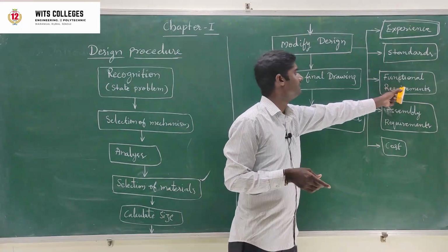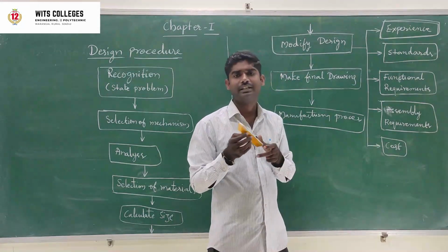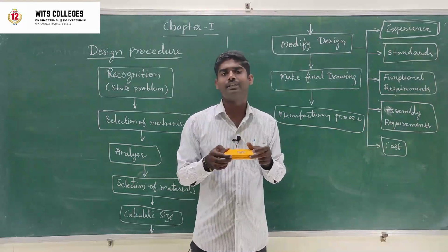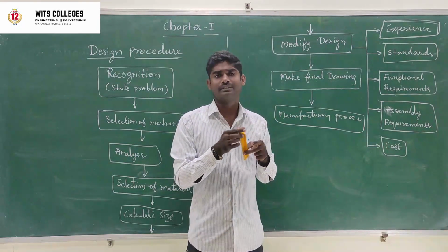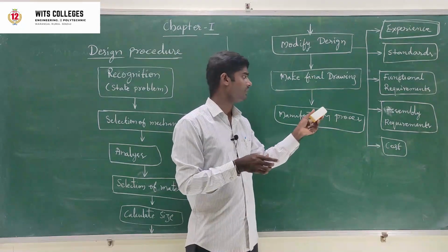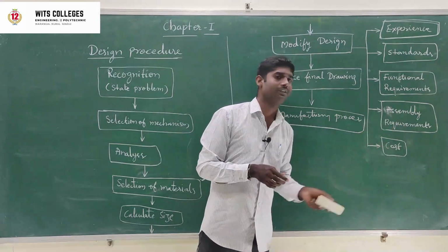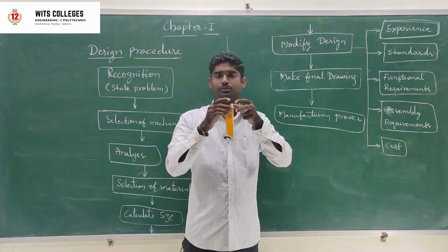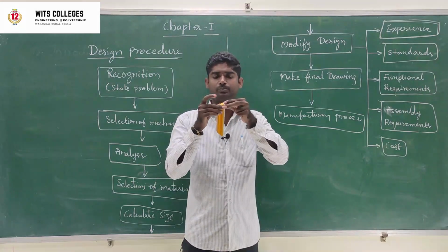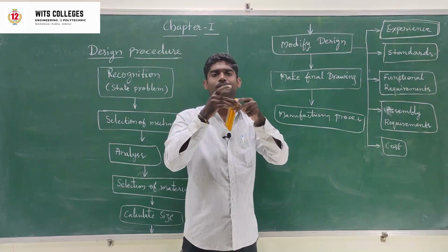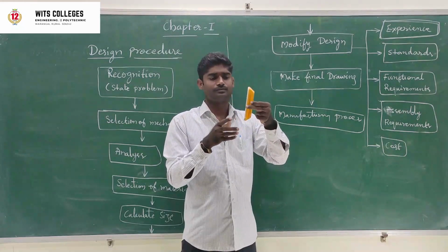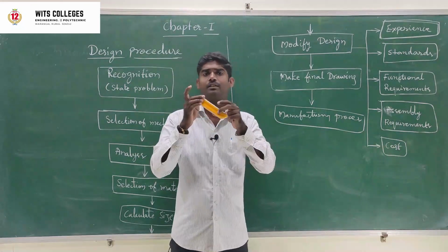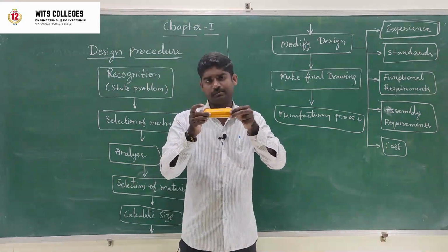Next, functional requirement. What are the functional requirements? What are the functions of the product? What are the functions of the element? Next, assembly requirement. If you assemble, there are two materials and two parts. We assemble these two parts, and after that it is one machine or element.